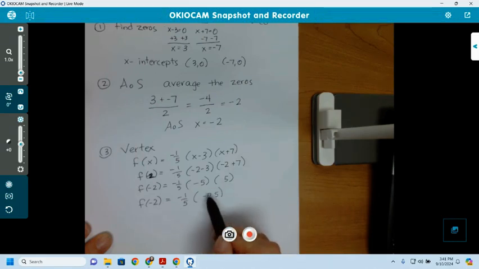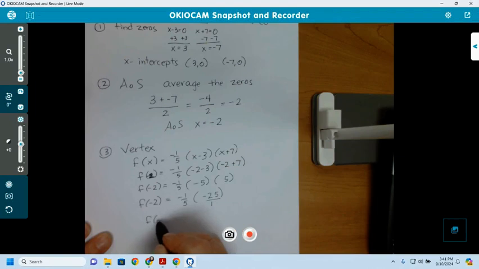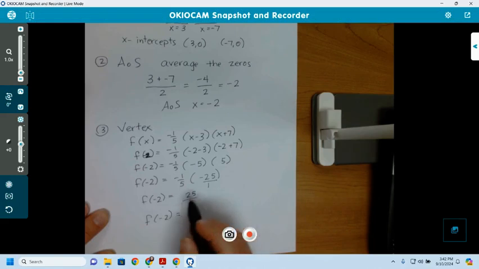To represent this as a fraction, we put it over 1. So f of negative 2 equals negative 1 times negative 25 makes that 25 divided by 5 times 1 is 5, which means f of minus 2 equals 5. So finally, we can say that the vertex is equal to negative 2, 5.